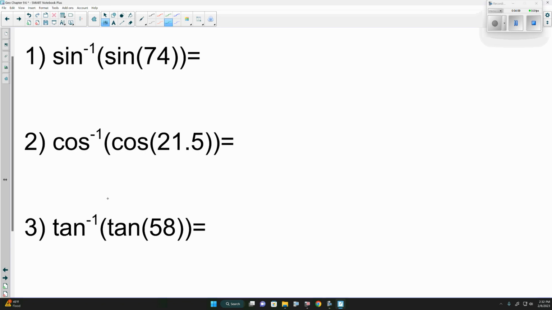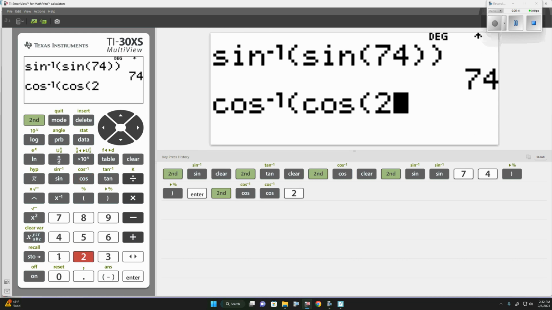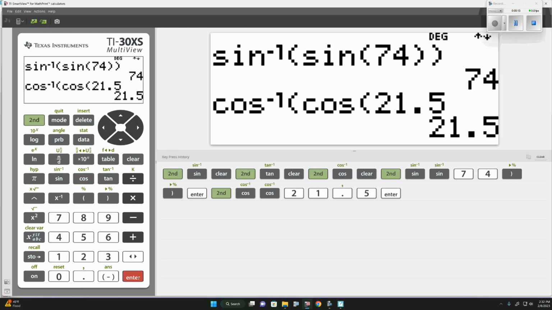So it works out that sine inverse of sine of 74 is 74. If we look at cosine inverse of cosine of 21.5, we get 21.5.